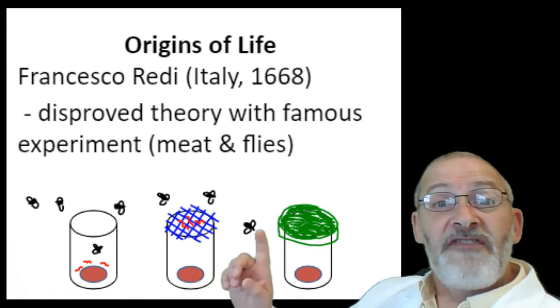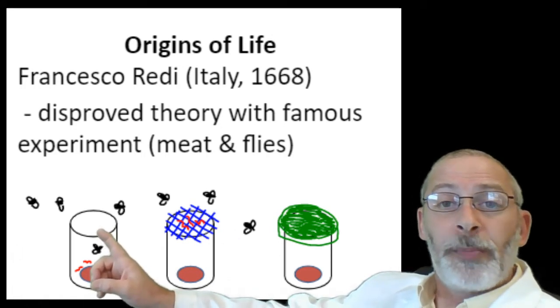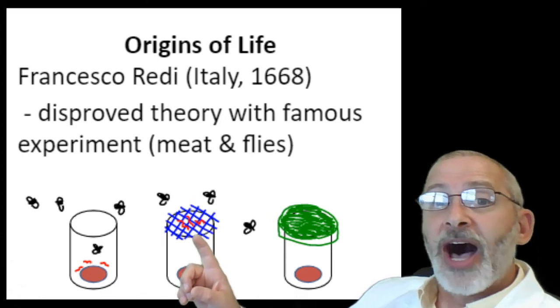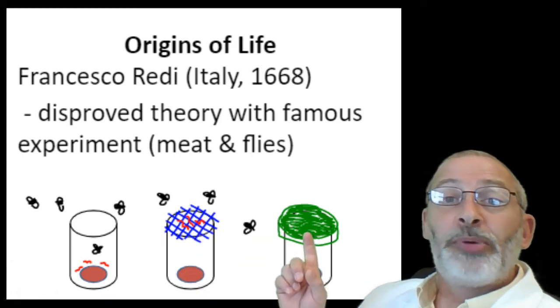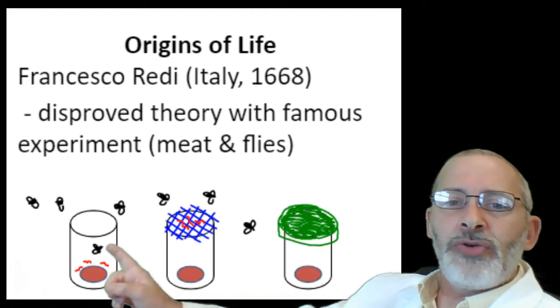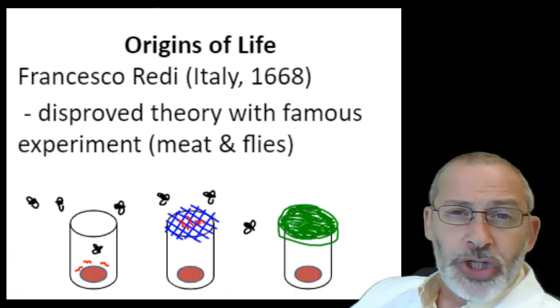But the one variable between the 3 jars: the first jar he left open, the second jar he put a cloth over top, and the third jar he put a lid on it. And he noticed some differences between these 3 jars.